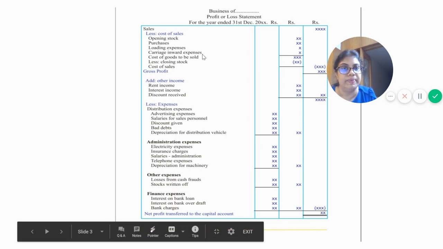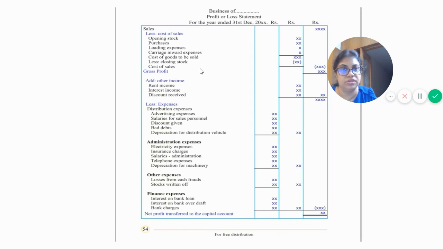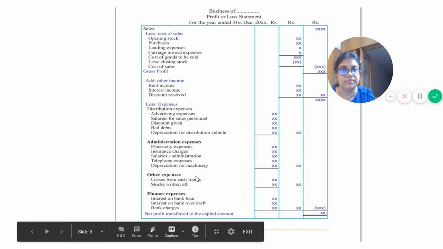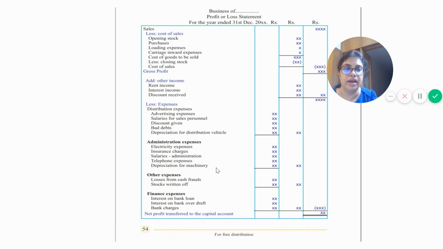So the profit or loss statement is prepared in 2 steps. First one, calculation of gross profit. There we are mainly dealing with the sales and the purchases. And after that, the calculation of net profit, the second step, where we have to consider each and every income and expense element that indirectly deals with the operations of the business, and take them into consideration when we are accounting for them.